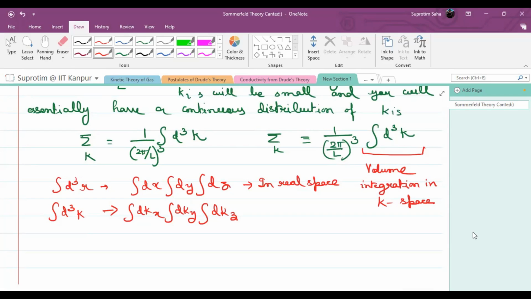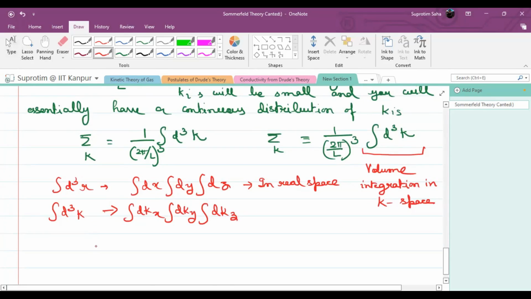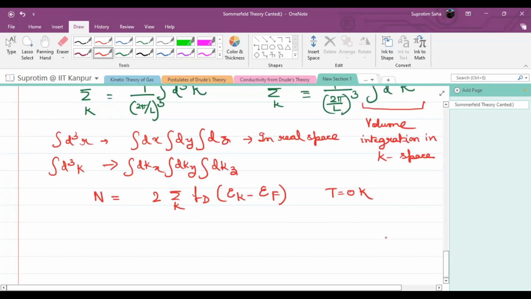Now if you have to find the number of particles, you employ the counting statistics. You had 2 times the summation over K of the Fermi Dirac distribution of epsilon K. Now this is with epsilon F because you are working at T equals 0 Kelvin.